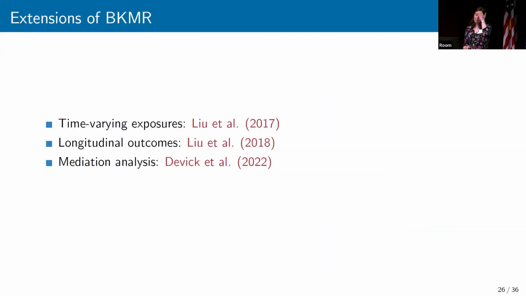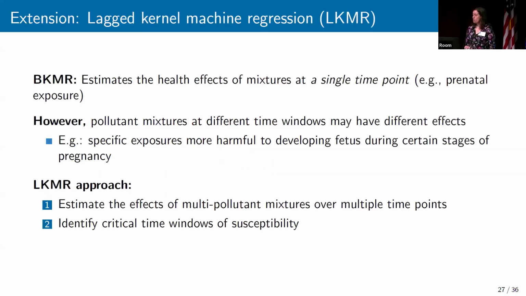So I don't have a lot of time, but I have maybe a couple of slides for each of these extensions of BKMR. So we have extensions for the time varying exposure setting, longitudinal outcome setting, and then the setting of mediation analysis. So up until now, we've talked about single exposure time point and a single outcome time point, but pollutant mixtures at different time windows could have different effects.